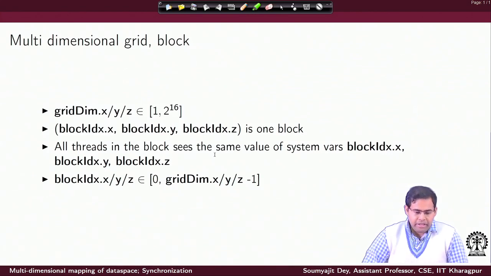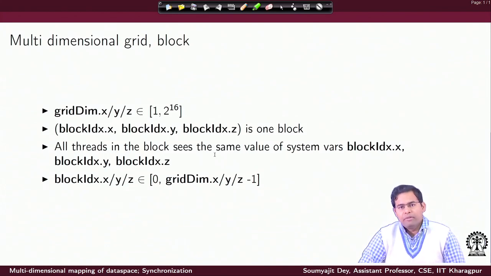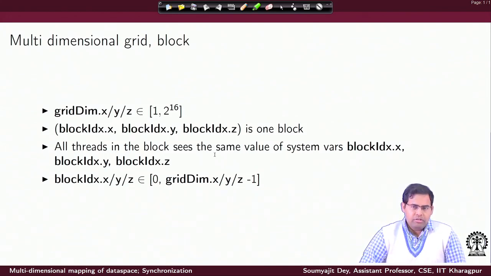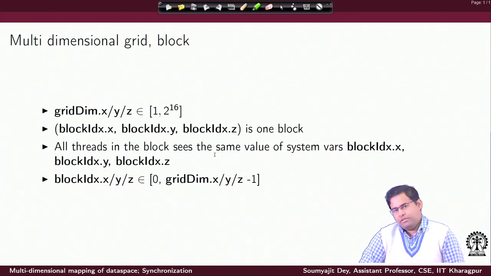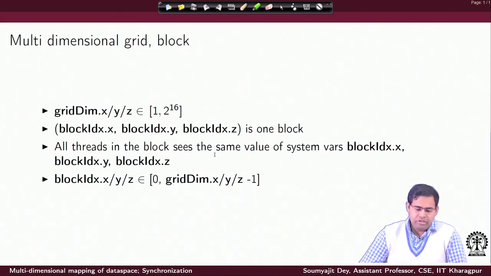We will get back to that again from the point of view of a multidimensional grid and block here. So, in general, when we are defining a 3-dimensional grid containing the block indices in 3 dimensions, essentially the runtime system of CUDA would automatically define these variables.